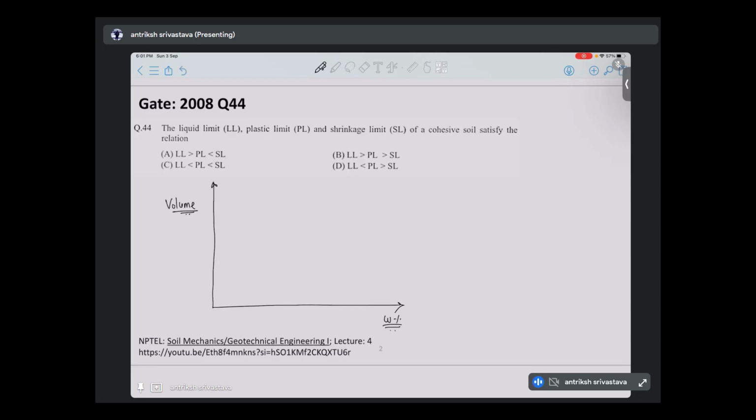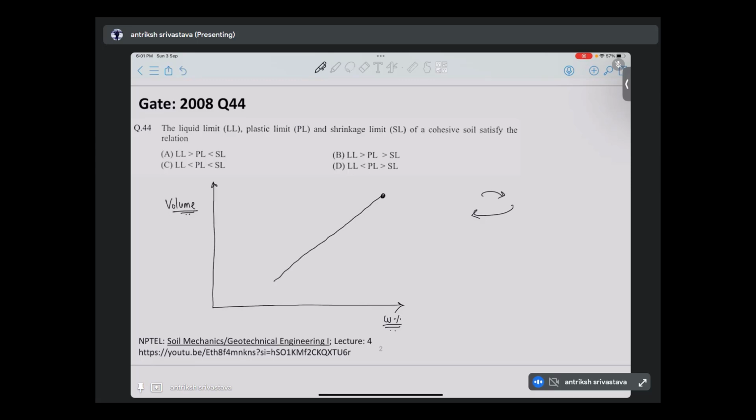Let's say we have a wet soil with some water in it, and then we dry the soil. So this is the initial point of the soil, and then we keep on drying it and measuring the volume also. We keep it in the oven some time, then take it out, measure the volume and water content and so on. So we'll get a curve like this.